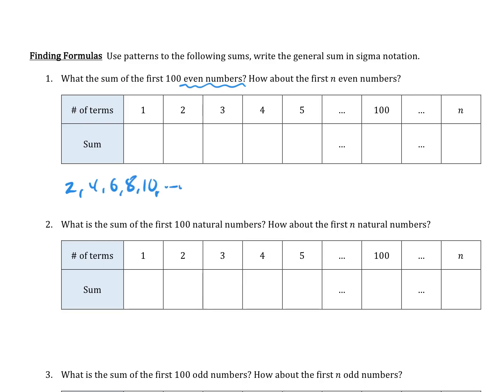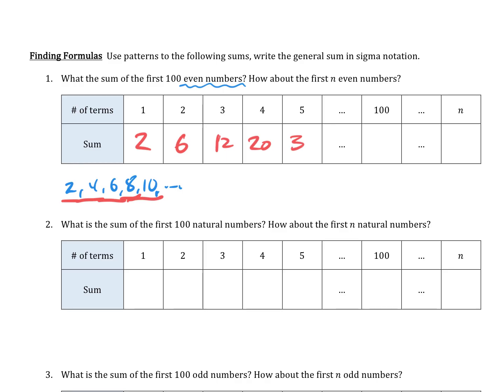If we add the first even number, well, that's just 2. If we add the first 2 even numbers, that's 6. The first three even numbers, 2 plus 4 plus 6, that's 12, right? If we add up the first four, that's 20. Add up the first five, that's 30, and so on and so forth.